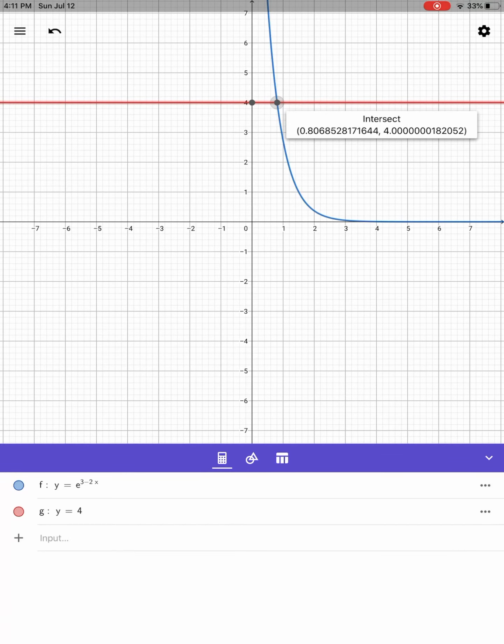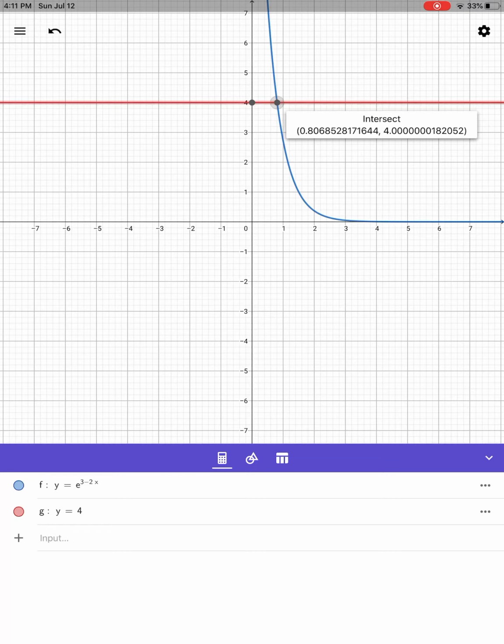You can see the red line meeting the blue line at this particular point. Let us see what the coordinates are exactly. The x coordinate is 0.8068 and something, which was approximated to 0.807, if you remember, when we did it algebraically. So this is how you solve things graphically.